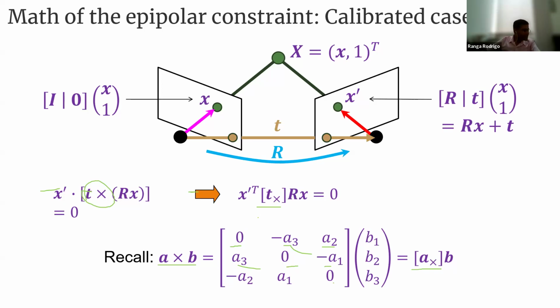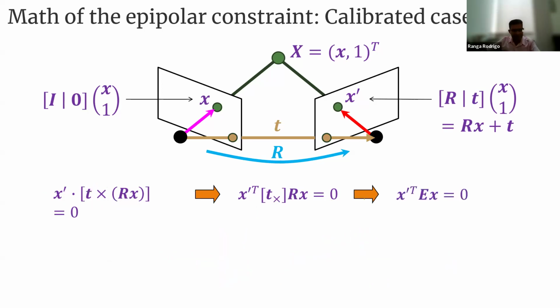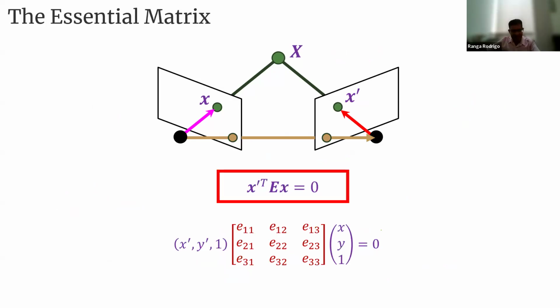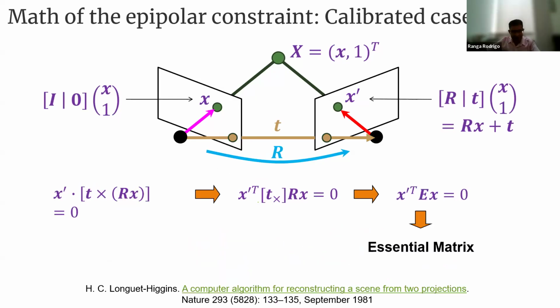So now you can see we have the constraint: X prime transpose EX is 0. What is E? E is the essential matrix. The form of E is T cross times R. That's the formula for our essential matrix.